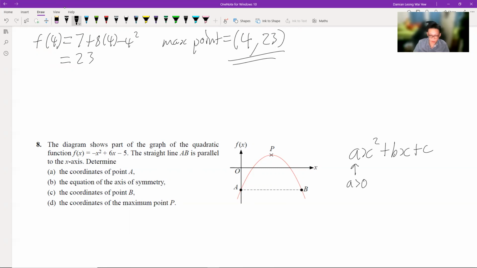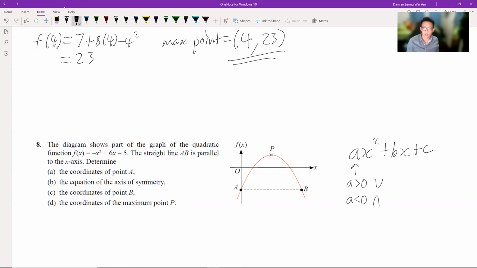When you face a positive thing, what do you do? You smile. So it's a smiley shape. So when your a is positive, it's a U shape quadratic graph. When it's less than 0, means your a is a negative value. When we face a negative thing, what do we do? We frown. So the shape of the graph is N shape.